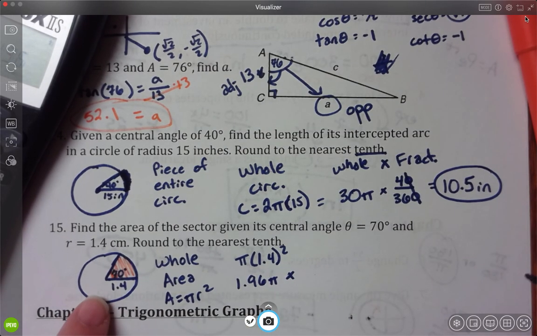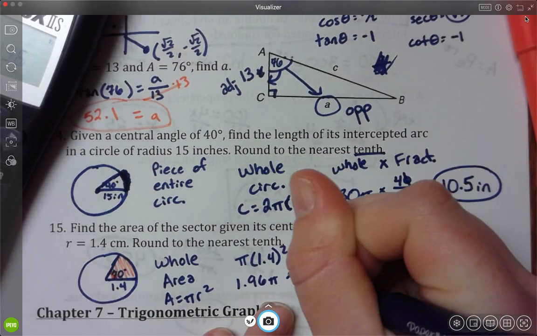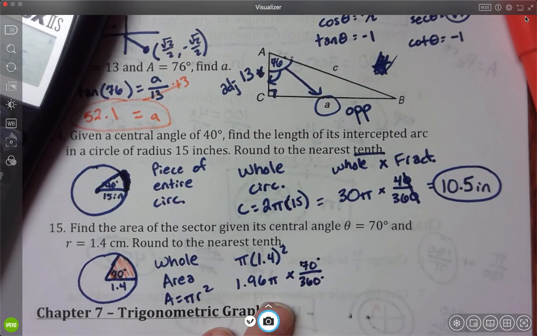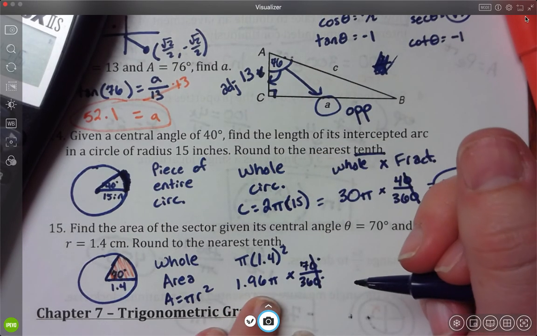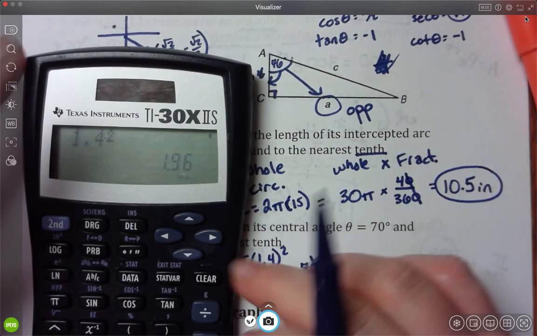But I only want 70 degrees of it, and that is 70 degrees out of an entire 360 degrees. So I'm going to take that 1.96 pi and multiply by 7 over 36, or you can do 70 over 360, it doesn't matter.